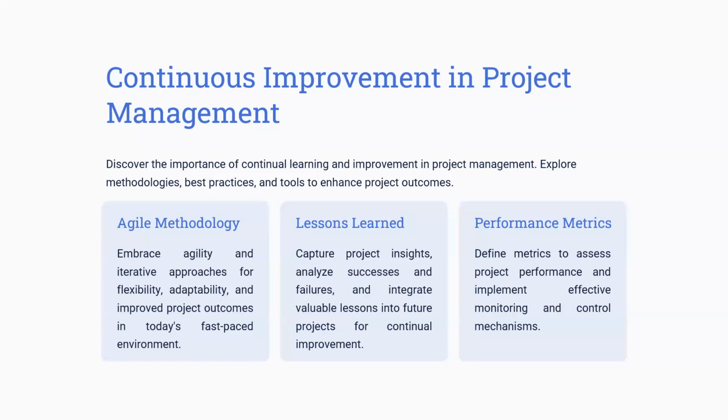Sorry. In continuous improvement in project management, there are three options: agile methodology, lessons learned, and performance aspect. But can you explain lessons learned, please? Lessons learned is when the team members in the project learn out of their mistakes.